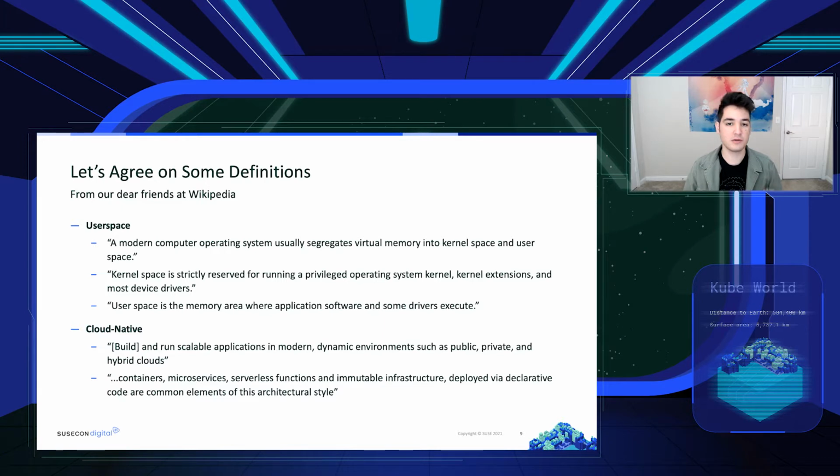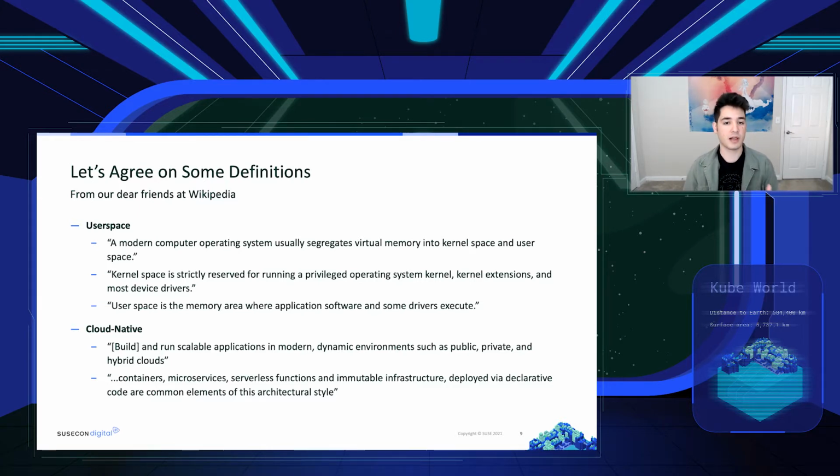I'll try not to use Userspace and cloud native interchangeably in this talk because they're entirely different. We want to follow experiences writing Rust in Userspace and why to do that in order to satisfy our cloud native use cases. So when we talk about Userspace, we're talking about the memory area where application software and some drivers execute.